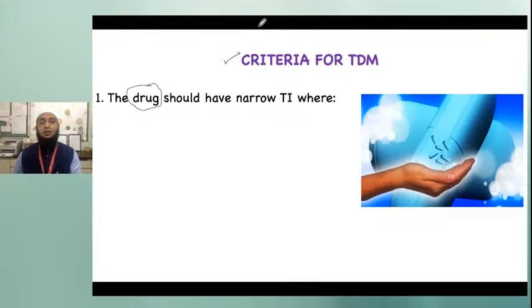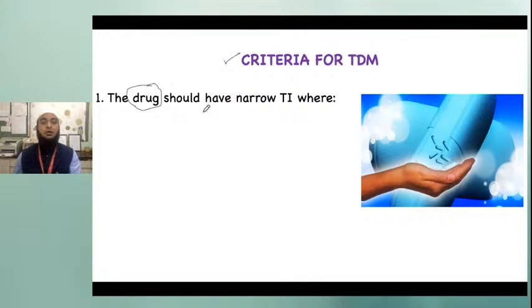In other words, which drug needs therapeutic drug monitoring is decided by certain criteria. Let's see those criteria, and after this we'll see the different indications of therapeutic drug monitoring.